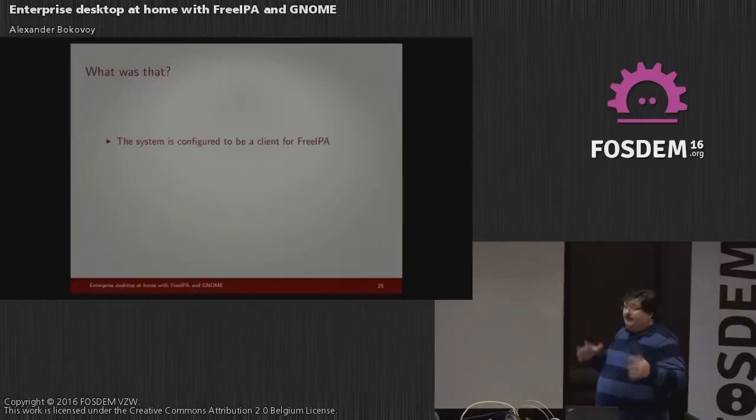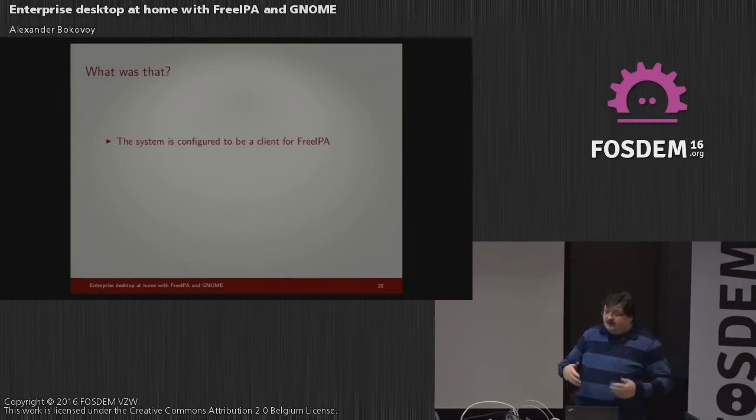What allowed me to do it is that the system is configured to apply to my personal FreeIPA deployment, which is somewhere in the data center, but it could be at my home if I were more careful about my home and ran my own electricity provider.